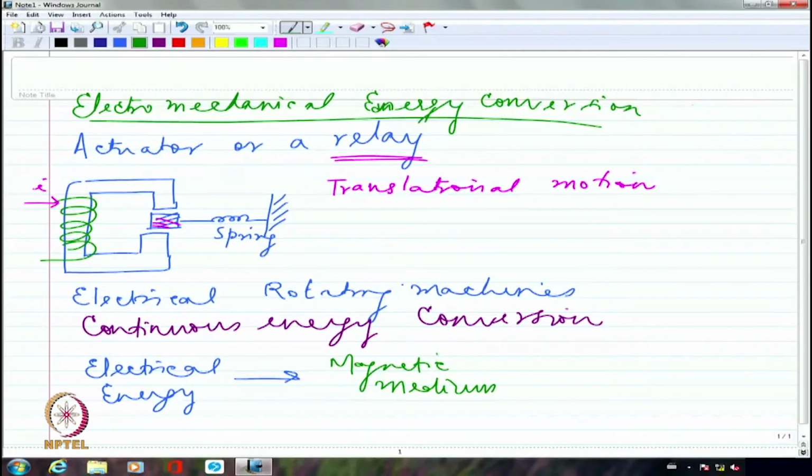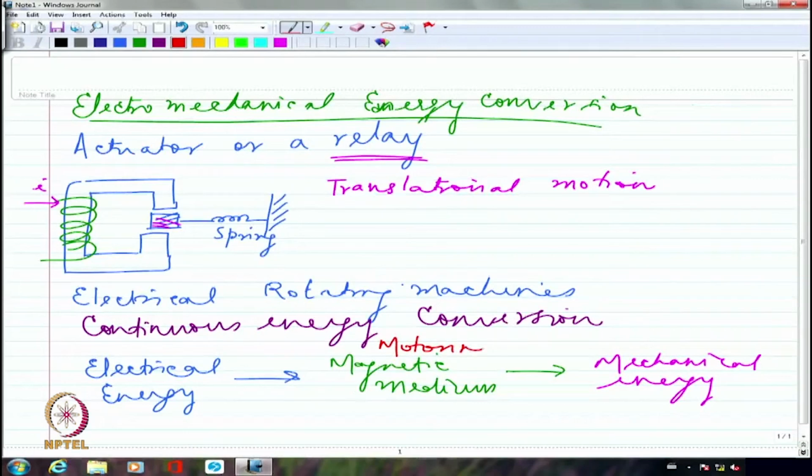So if I am having electrical to mechanical energy conversion, I am going to have the mechanical output ultimately. Now this is going through a magnetic via media, so we will call this the motoring operation. When electrical energy is converted into mechanical energy, we call that motoring operation.